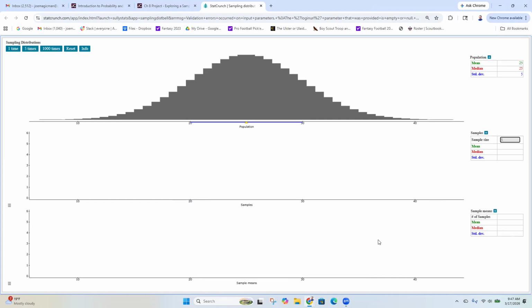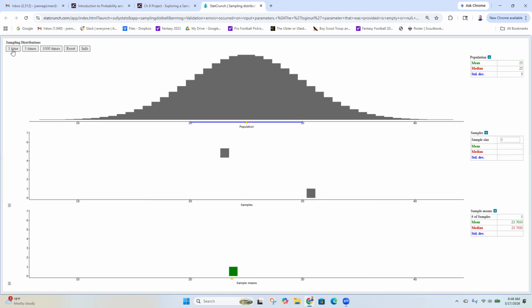It'll reset all of the things, or you can hit the reset button up here. Either way is fine. You don't need to do a single sample, but if I do, it's now selecting 5 people from the gray population and then taking the average of those 5 people.